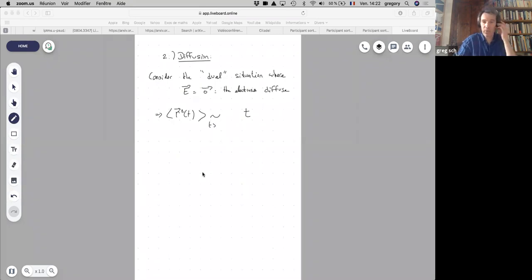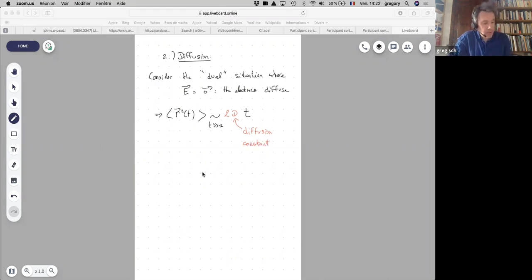Okay, that's the definition of diffusion. And the coefficient in front of that is usually denoted as 2D, and D here is the diffusion constant.